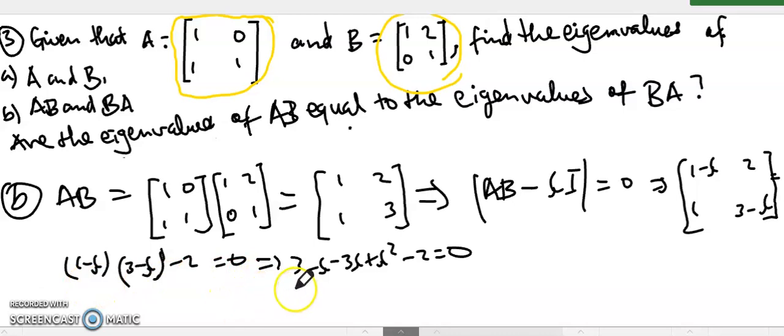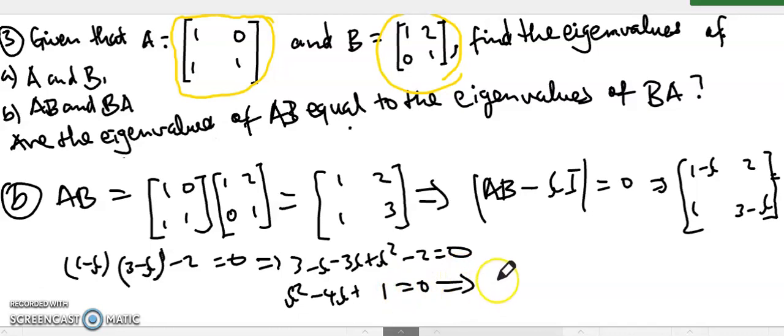So we end up with lambda squared minus 4 lambda plus 1, because 3 minus 2 gives us 1, and this must be equal to 0.